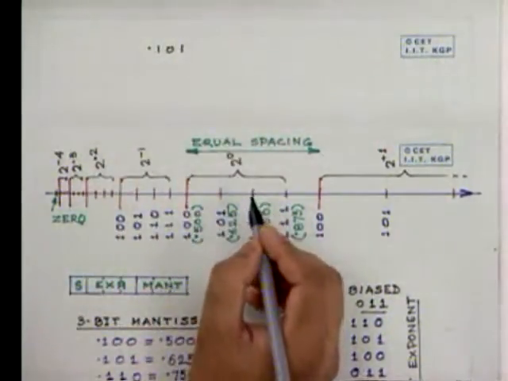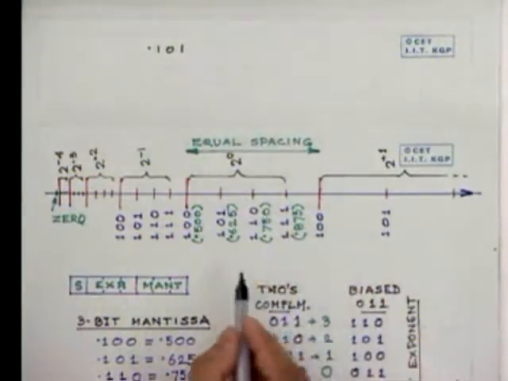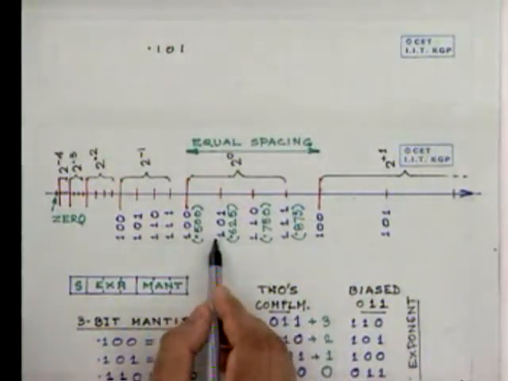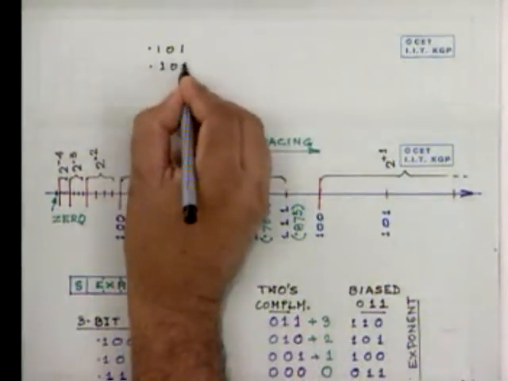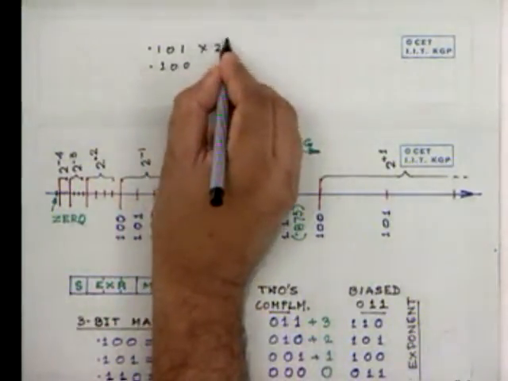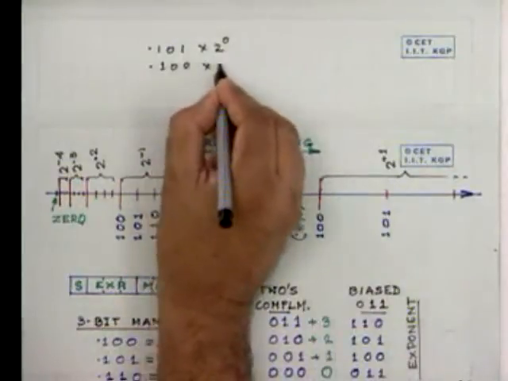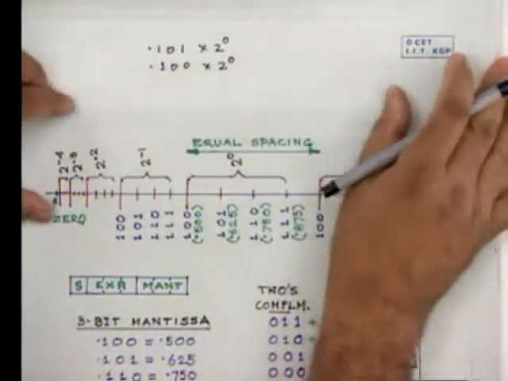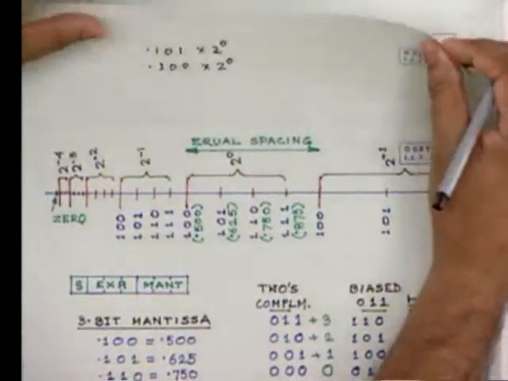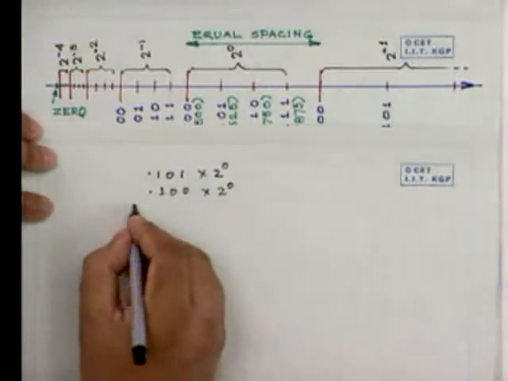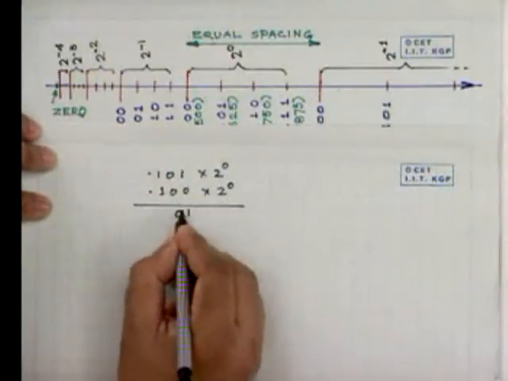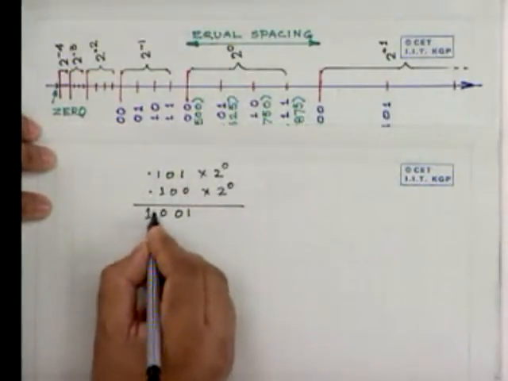You see, if we add them, what we get is 1, 0, 0 and 1, right?